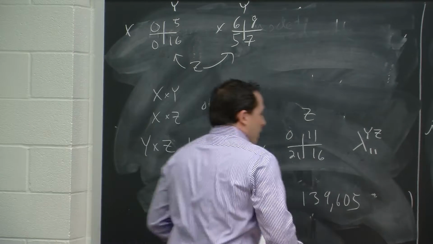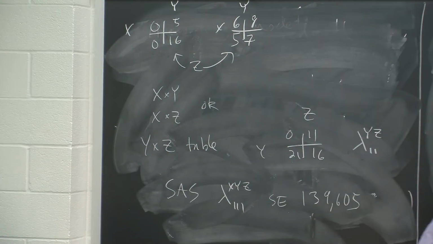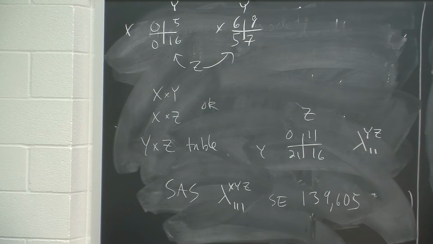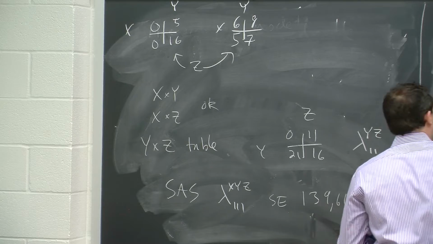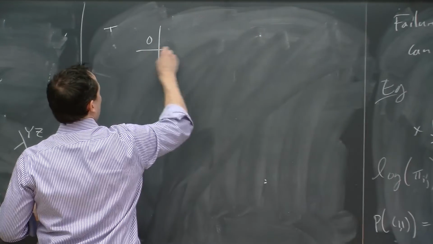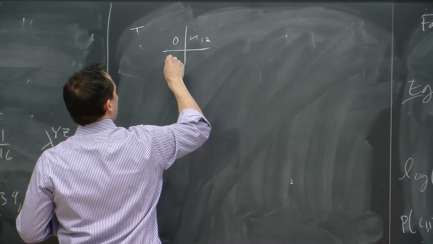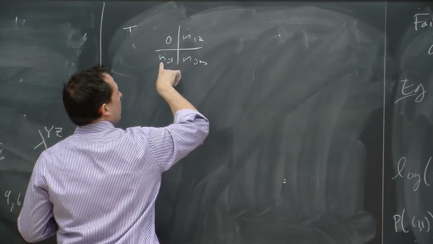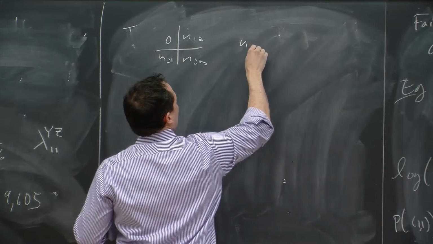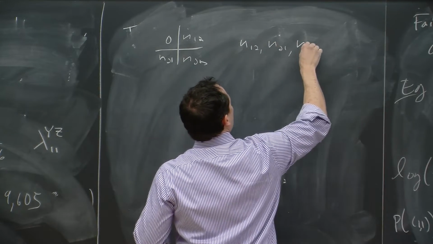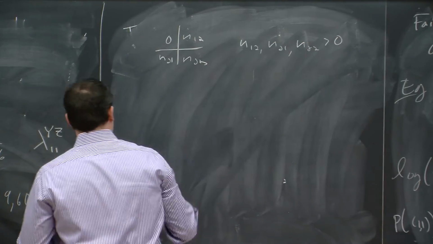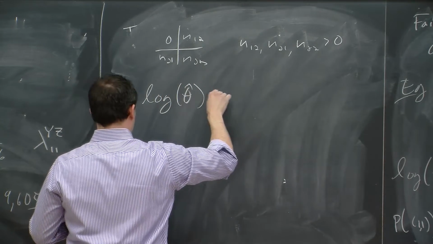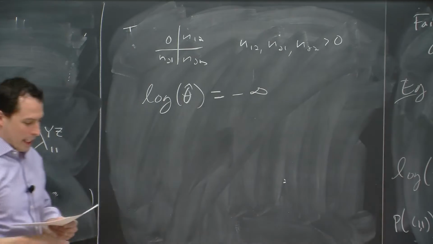Interestingly, some analysis is still fine, even when we're in this type of situation. For example, if I'm in a situation like we just had, where these three are all positive, of course, when we try to compute a log odds, it'll be negative infinity.